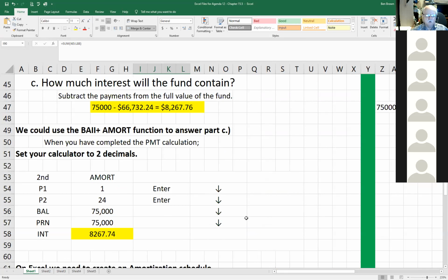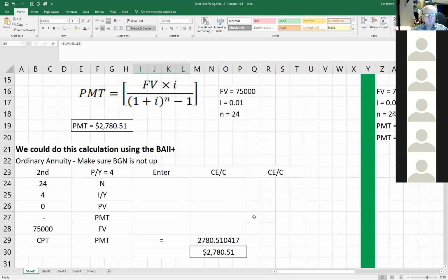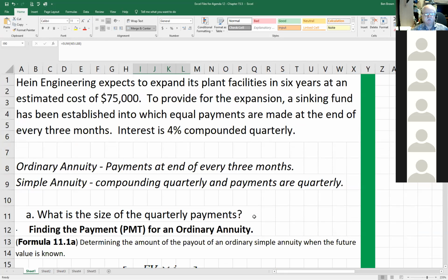So any questions you can think of asking about how that worked? We'll do a few of them, but that's basically how a sinking fund works. Let's take a look at the next one.